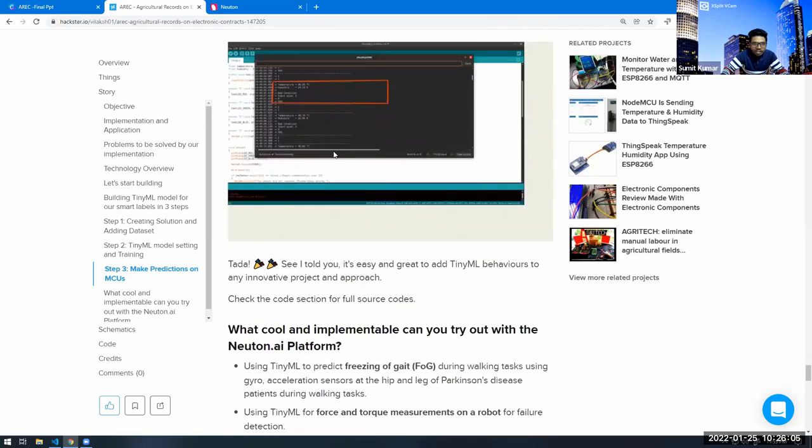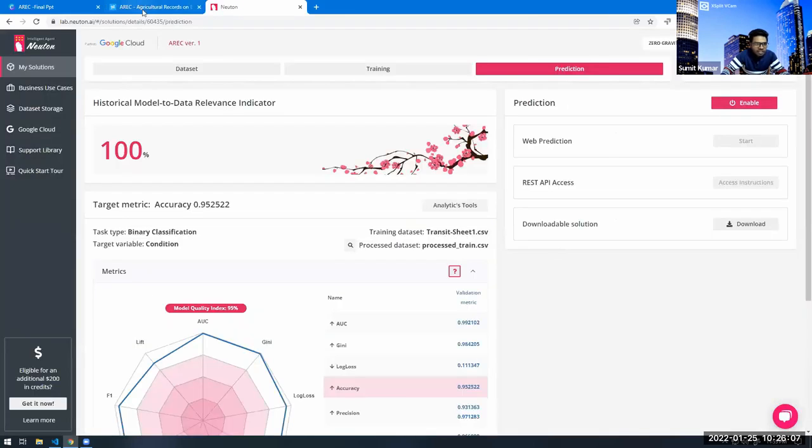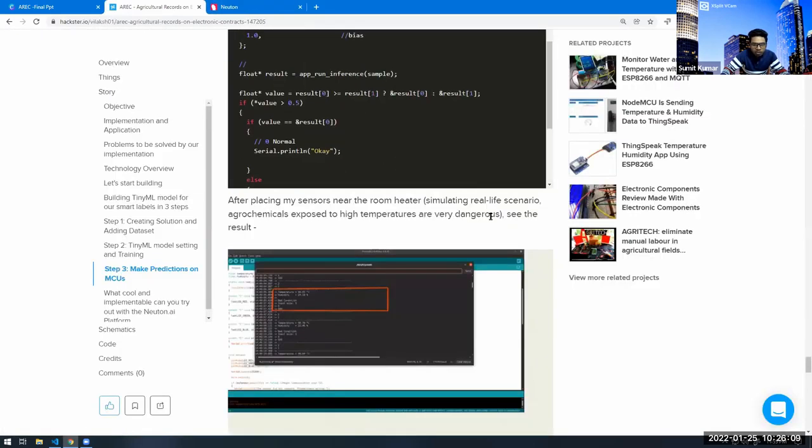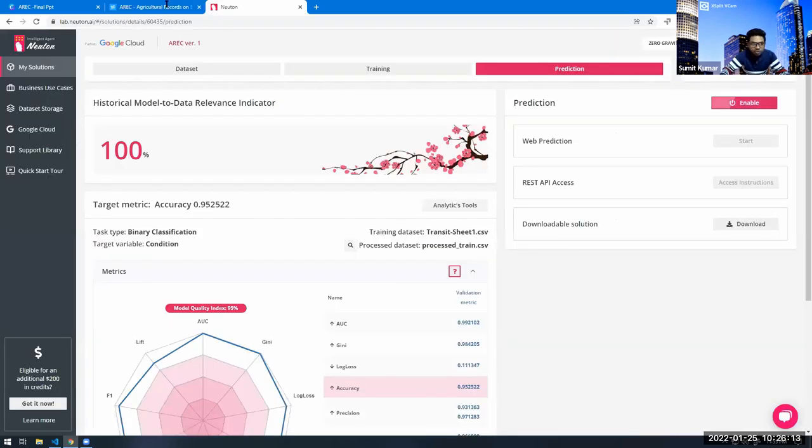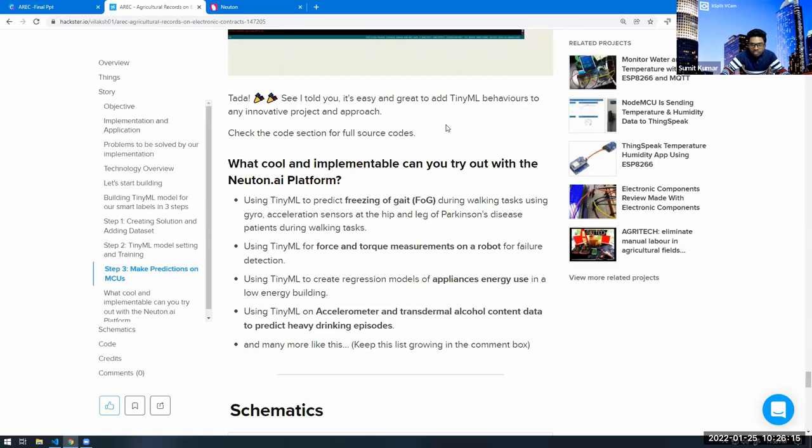It is not quite complex. It's very simple to understand how the model is working. The only complexity might be choosing the right data set for your project or making a correct data set. That might be a challenge. Otherwise, there are a lot of cool things we can build.